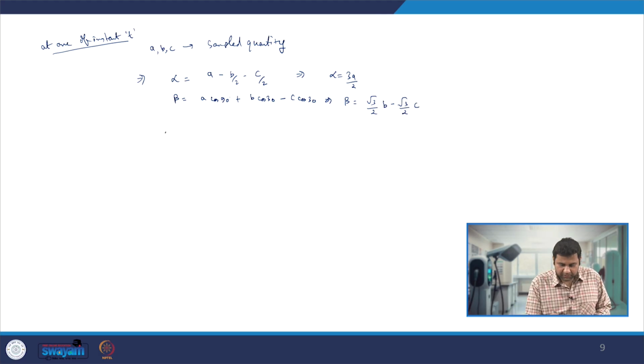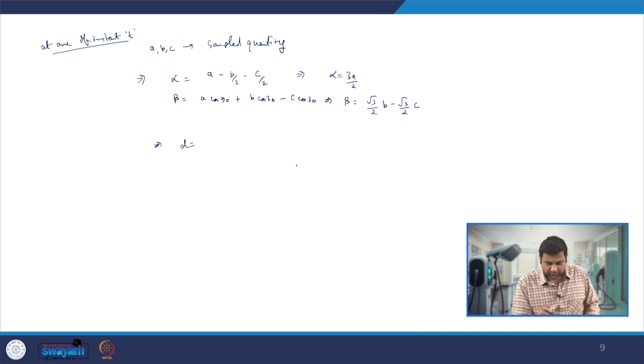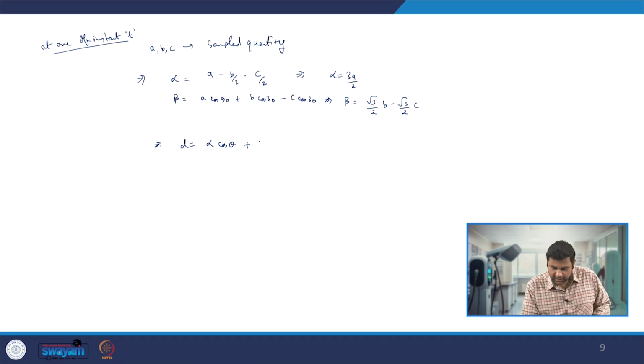Similarly you can define the D component. The alpha component you got, its component onto the D axis is alpha cos theta, plus from beta, which is at 90 minus theta, beta cos 90 minus theta, which is nothing but beta sin theta.